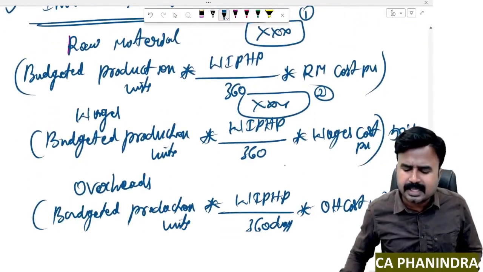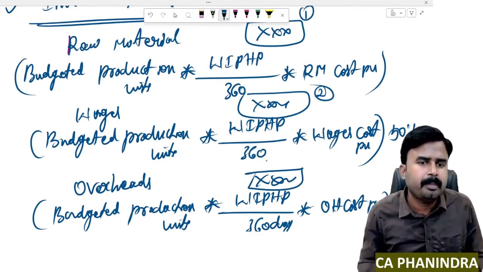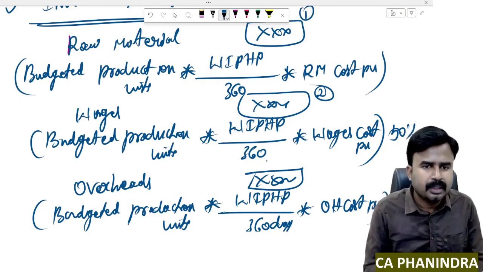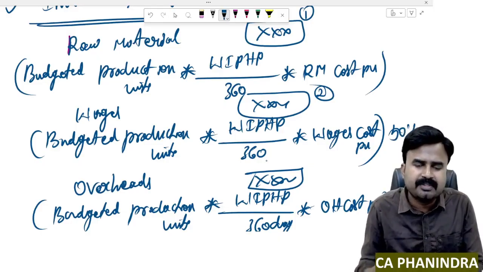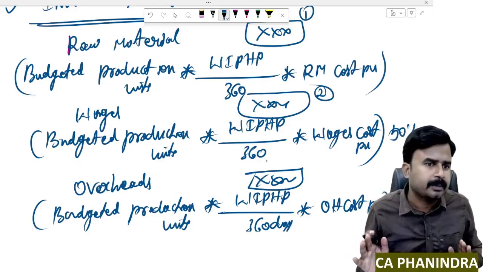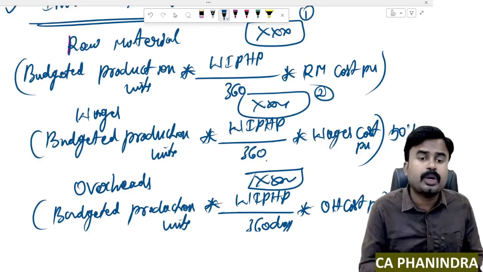See, these percentages may differ. That means the 50% that you have applied to wages and overheads may differ based on the information given in the problem. In case these percentages are given as 40%, you have to write those percentages. If those percentages are given as 30%, you have to write those percentages only. Generally, they'll give you the percentages applicable to conversion cost.